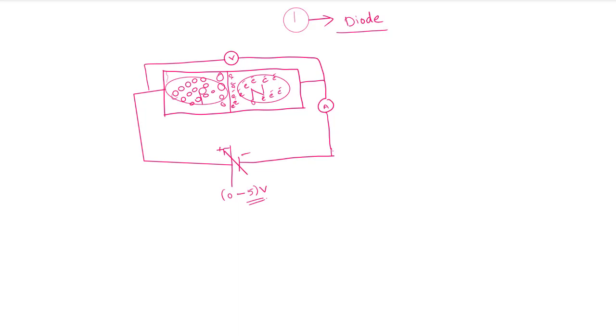Okay, now see, our main intention here is to draw the IV characteristics of this particular diode. So let's first draw a line. Okay, in this one, you take on the x-axis the voltage, that voltage in volts, on the y-axis, let me write current in amperes.